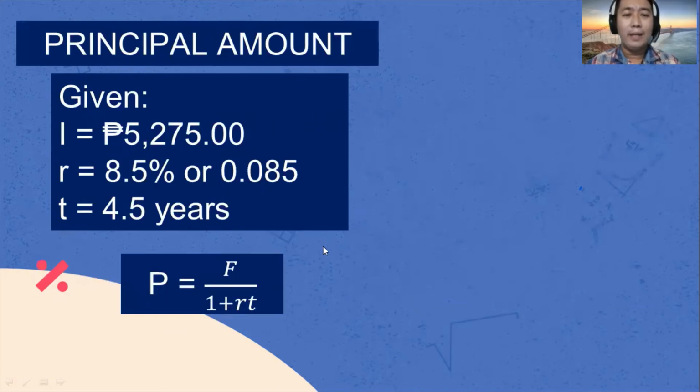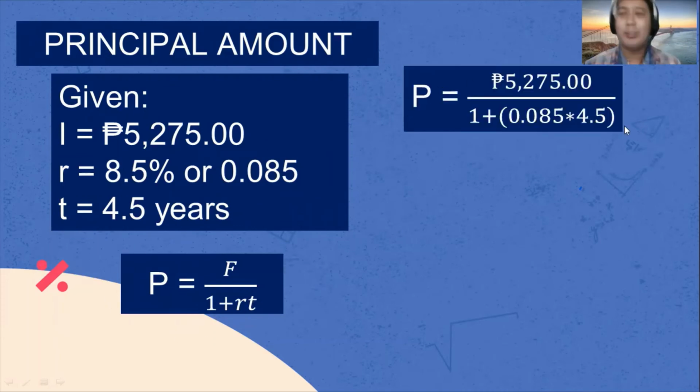Here is the formula to be used. We are now going to substitute the given into the formula, and it goes like this. Principal amount is equal to 5,275.00 over 1 plus the product of 0.085 and 4.5.